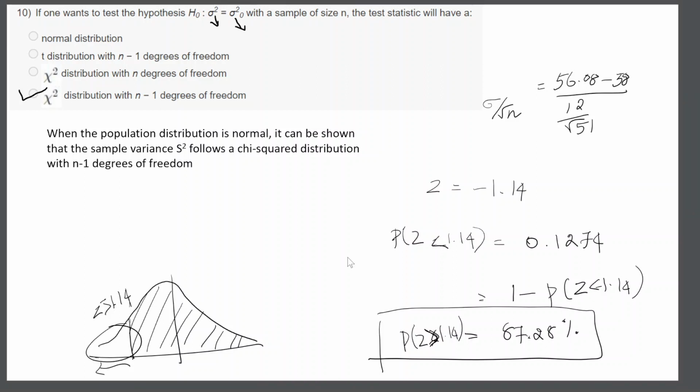Okay, moving on to the 10th question. If one wants to test the hypothesis, they are doing the hypothesis testing for the standard deviation, given the sample size and the statistics you have. As we discussed before, the standard deviation follows the chi-square distribution with n minus one degrees of freedom.